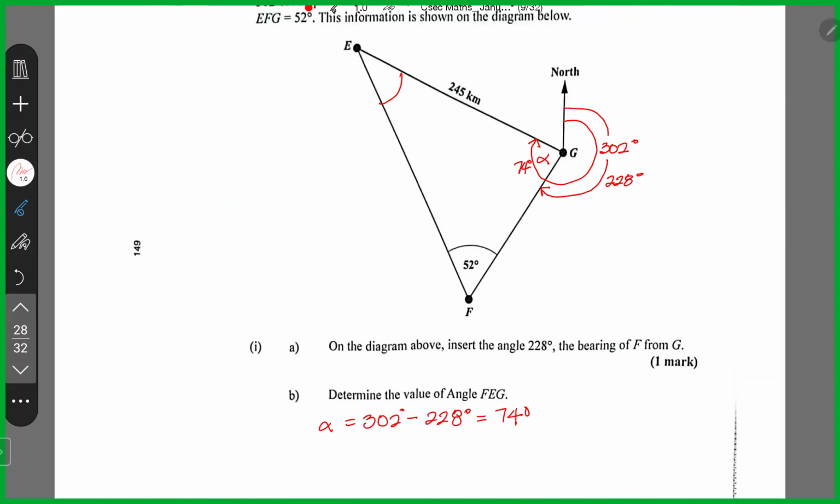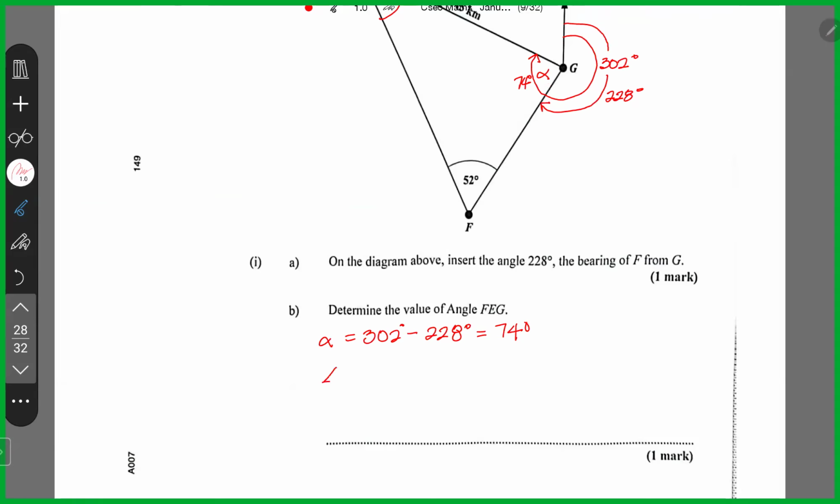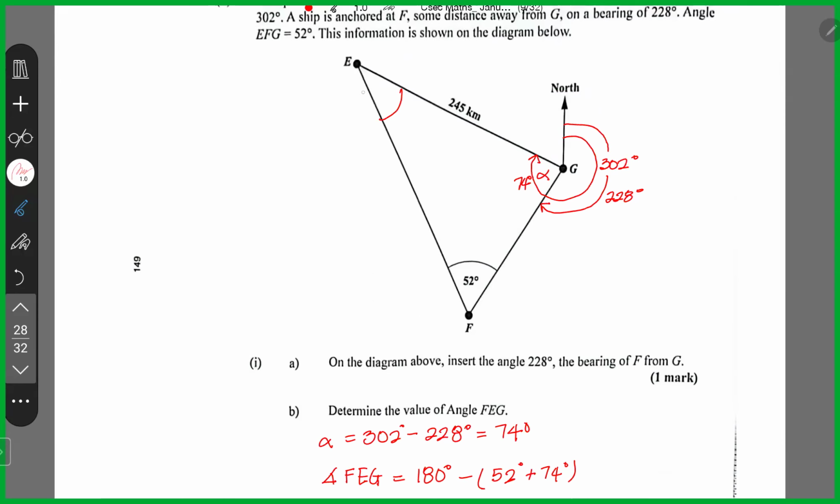Now, the angle FEG would be equal to 180 minus 52 plus 74. It's 180 minus 126. So this would be 54 degrees. So the angle here is 54 degrees.